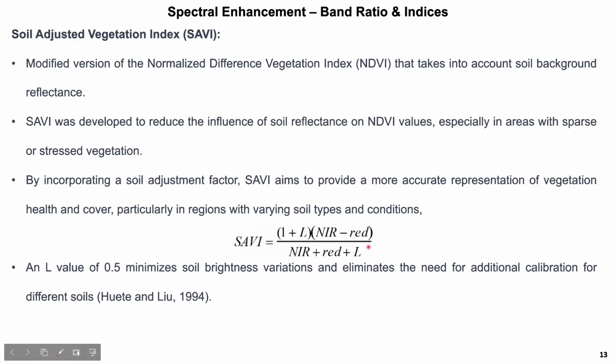If you refer to the literature, you will find that a value of 0.5 minimizes the soil brightness, and it eliminates the need for additional calibration for different soils. So by this you will be able to find the vegetation more accurately. This is one of the indices; like this, there are several indices.